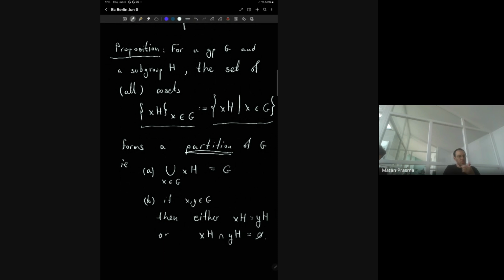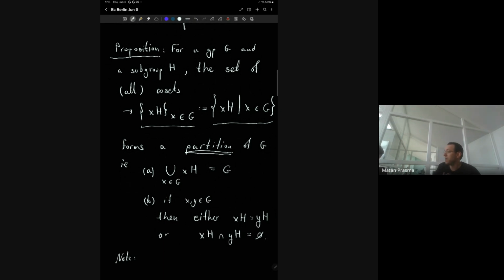Now note that there is a lot of repetition when I write it like this: xH, or all the xH where x is in G. This is a collection of subsets of G, but it has a lot of repetitions.